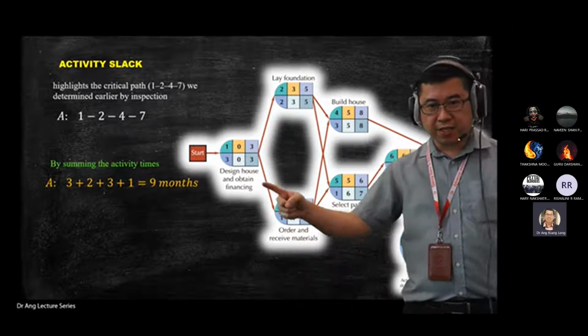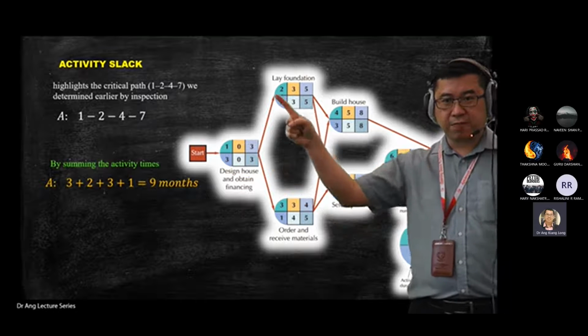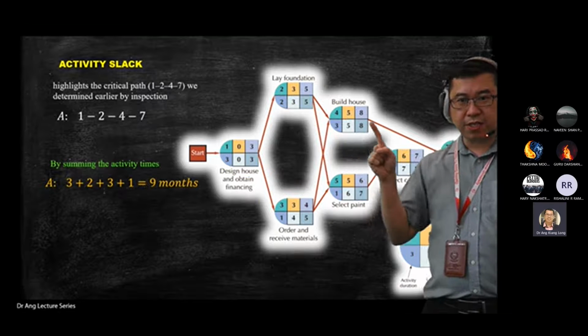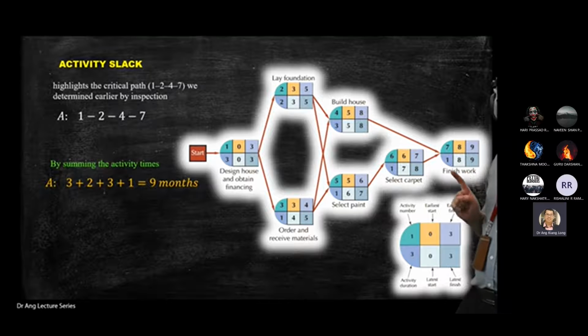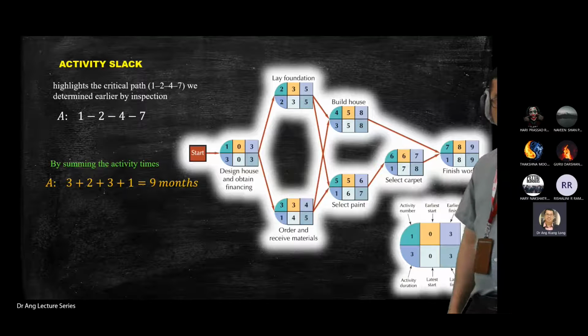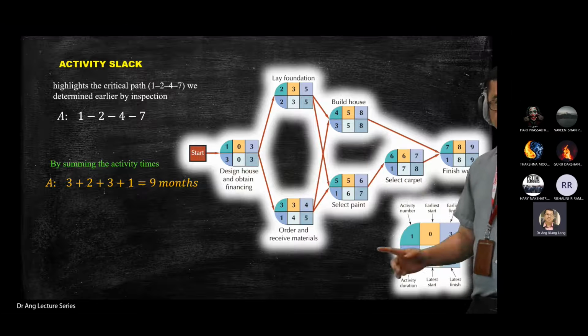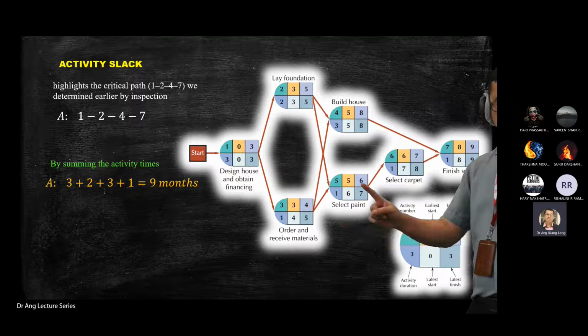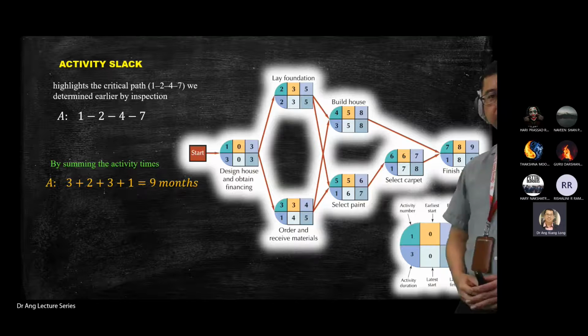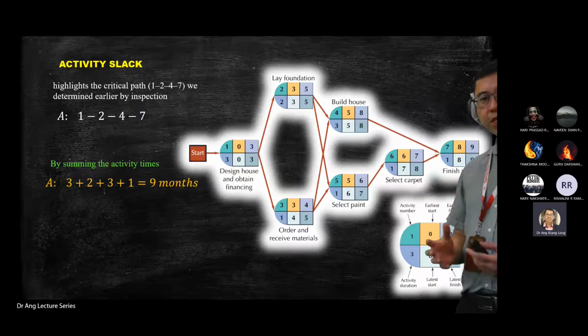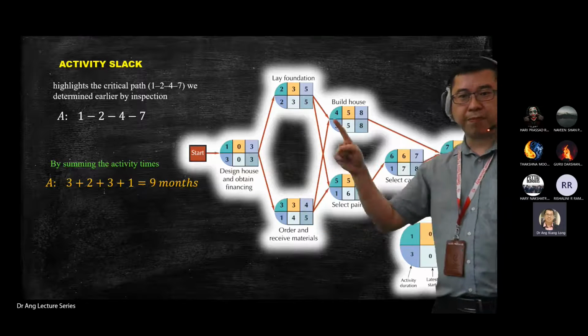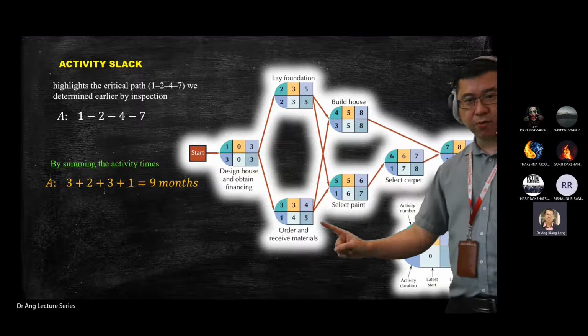Focus on this matrix, this matrix, this matrix, and this matrix. Then you look at these 4 and compare to this one and this one. Do you observe something special about your critical path compared to these 3?